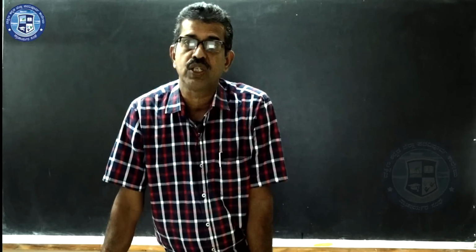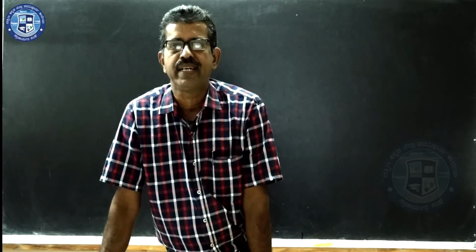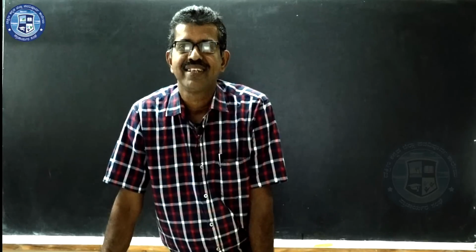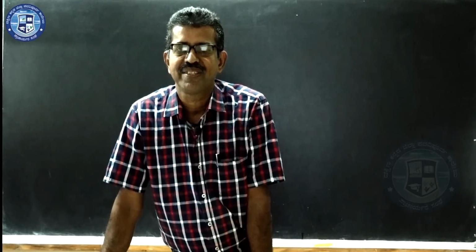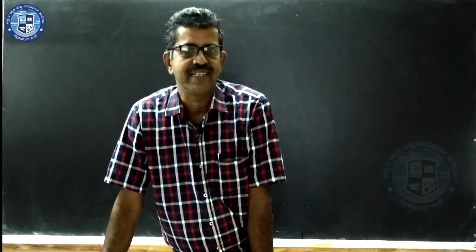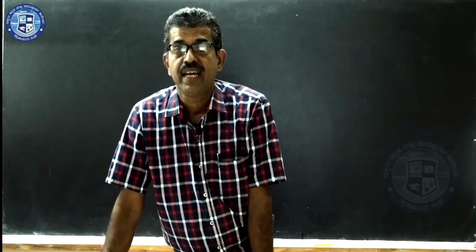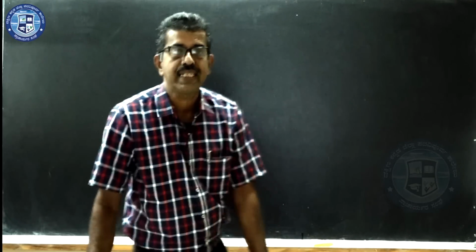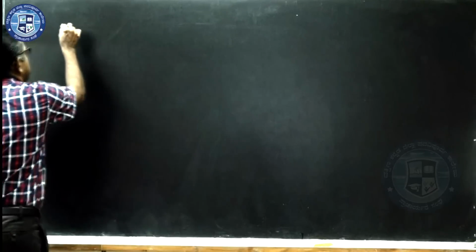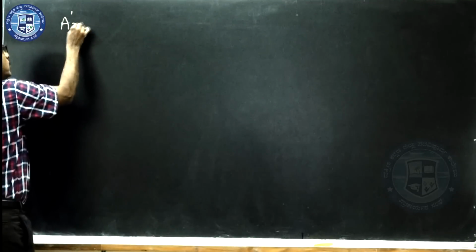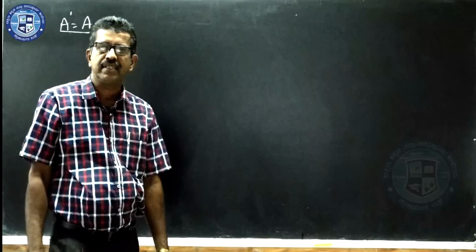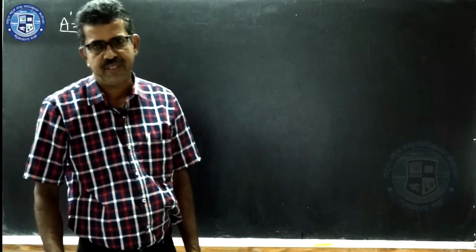In the previous session we were discussing symmetric and skew symmetric matrices. I hope you can recall them. To check whether a given matrix capital A is symmetric, we just have to check the condition A dash is equal to A. If A dash equals A is satisfied, then the matrix is symmetric.